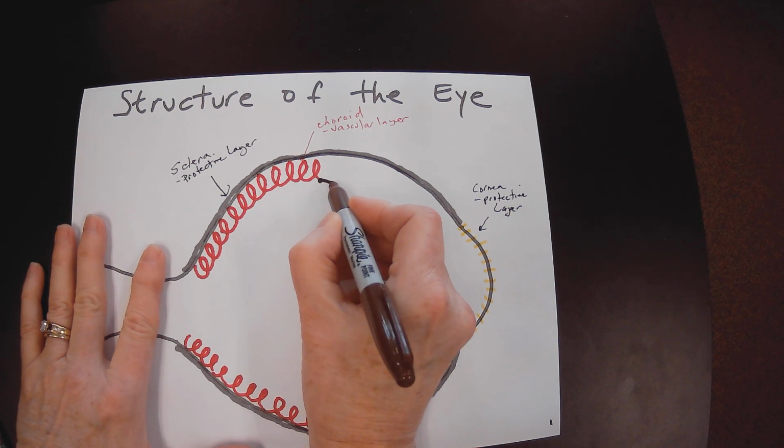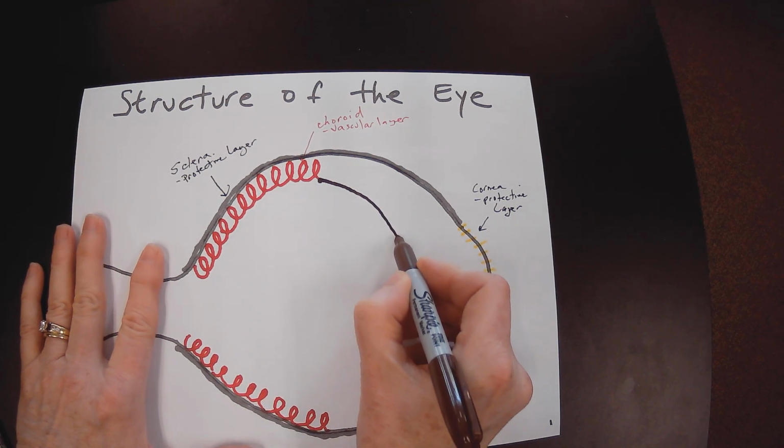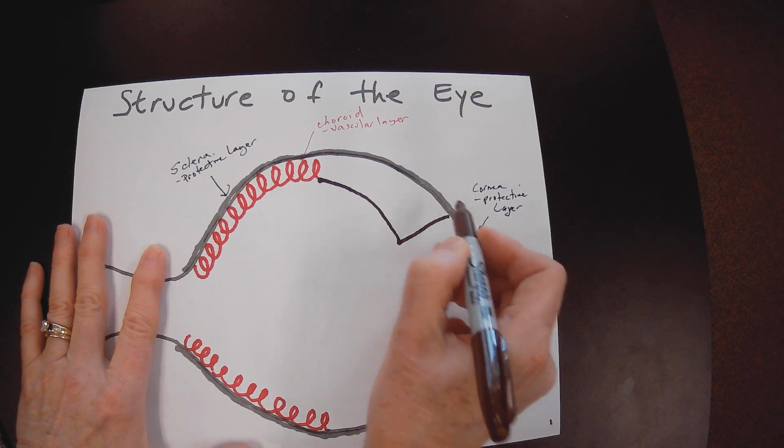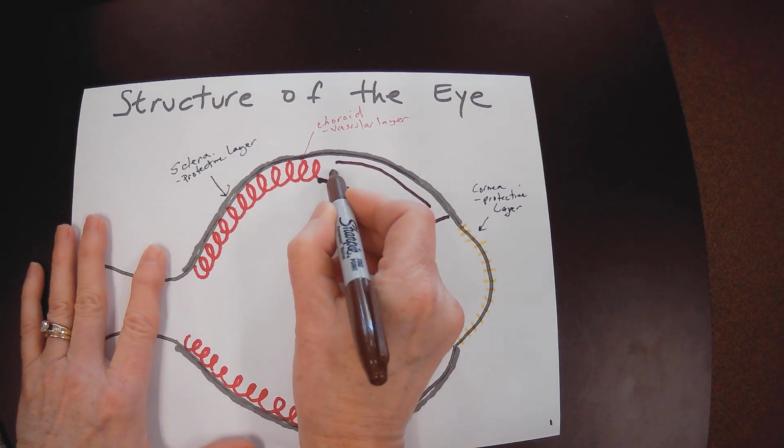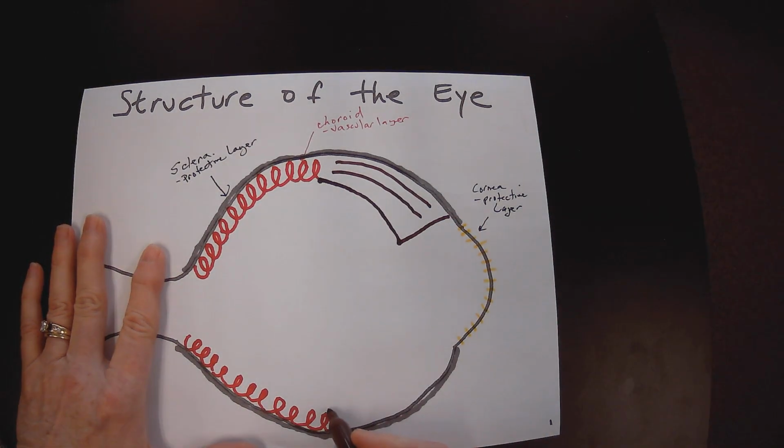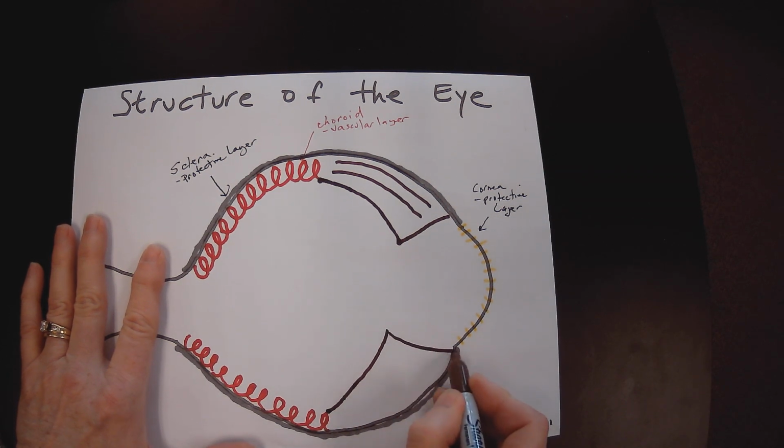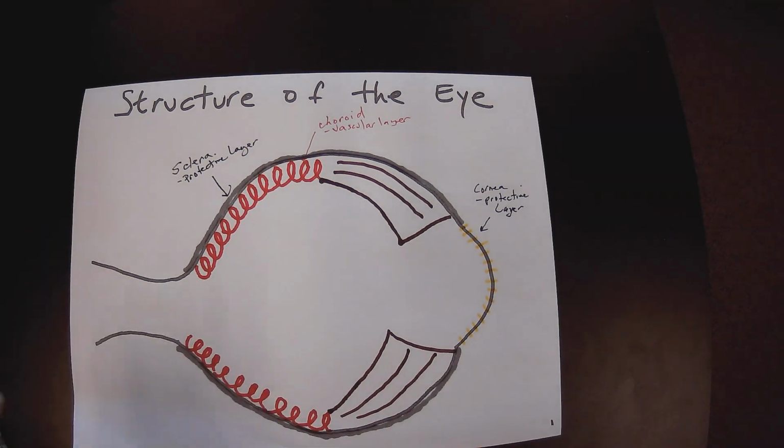And that muscle again is here. And this is also part of the vascular layer of the eye. This is going to be the muscle that's responsible for changing the shape of the lens of the eye.